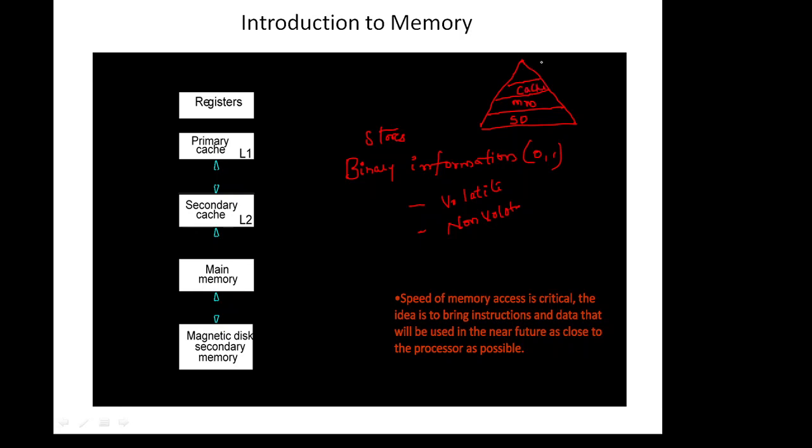At the top, the CPU processor will be there. In the processor, some amount of space is allocated for registers. This part is allocated for registers.